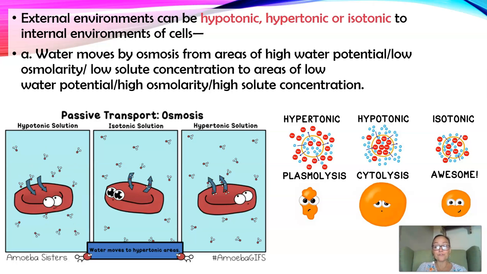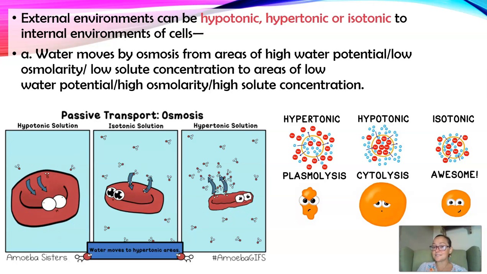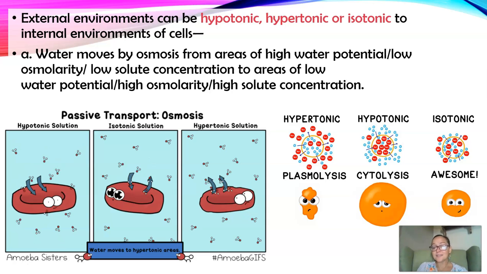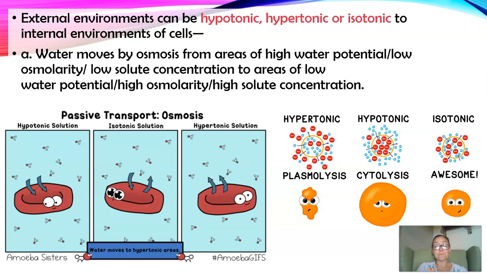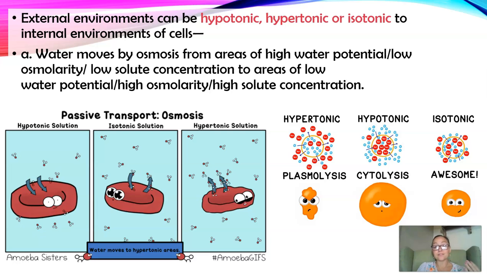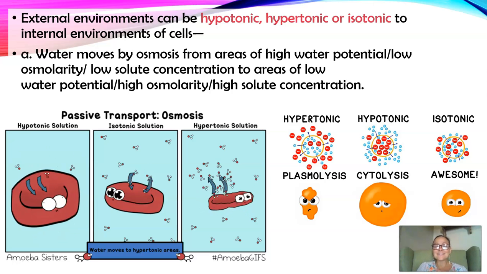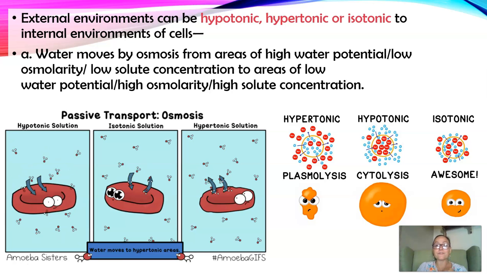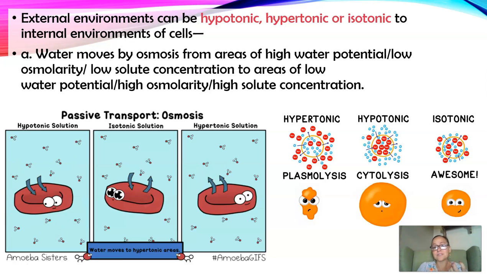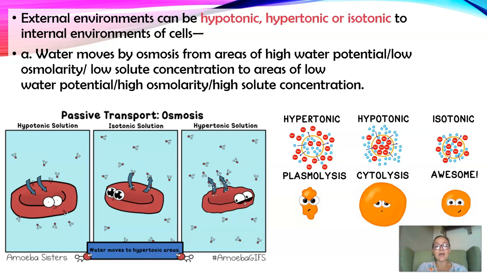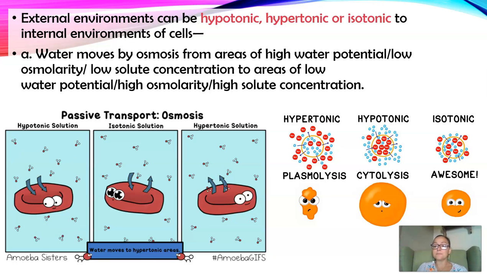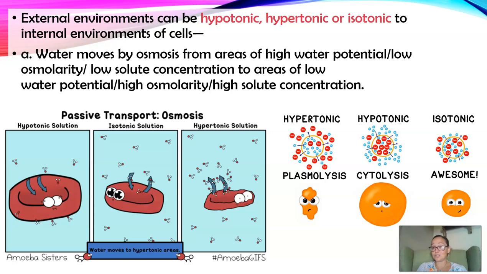So the net movement, water is moving into the cell at the same rate that it's moving out of the cell by diffusion. Therefore, the cell stays the same. That is the type of environment we would prefer for our own animal cells, like our red blood cells. Our kidneys work very hard to maintain isotonic conditions.